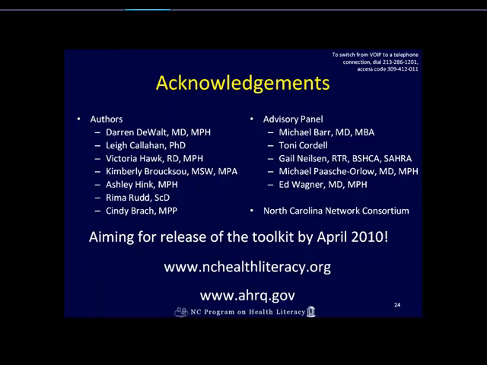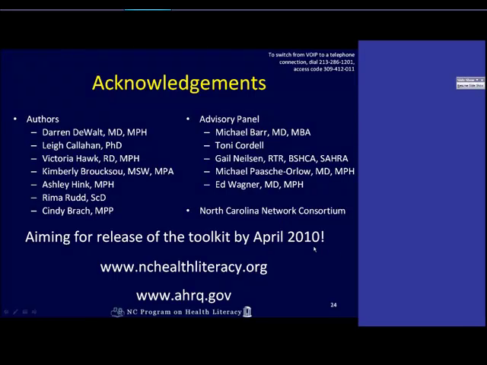Great. I am noticing that we're at the top of the hour, and that probably some people have other meetings to go to, but we will be continuing to answer questions for another 15 minutes. You will see on your screens that we are aiming to release the full toolkit by April 2020. I think Darren and I are both hopeful that it'll be well before that, but we're in a bit of limbo land in that we are required to have clearance from the Department of Health and Human Services before we can put this out.